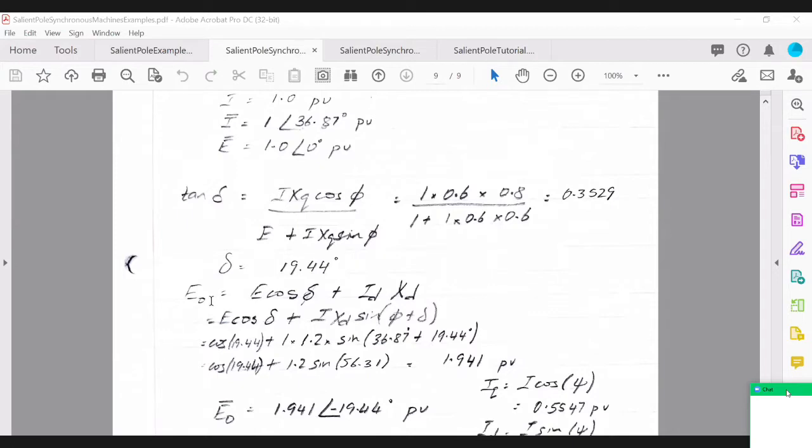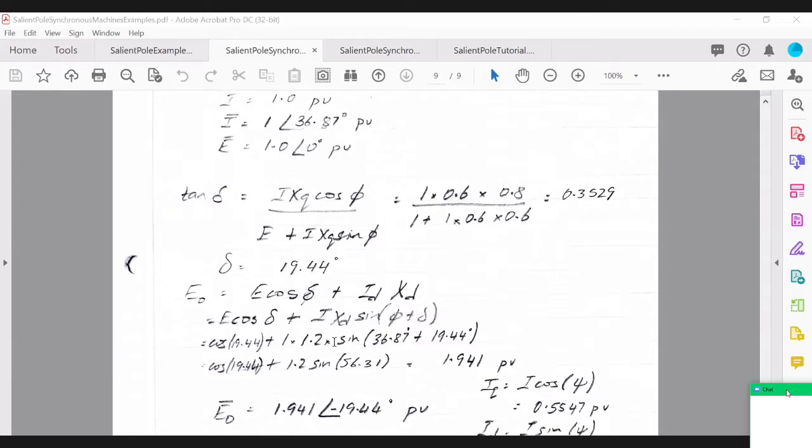We can further simplify this equation with the data we have at hand, by writing Id, which is the current along the d-axis, in terms of the current I, which is the current absorbed by the motor.